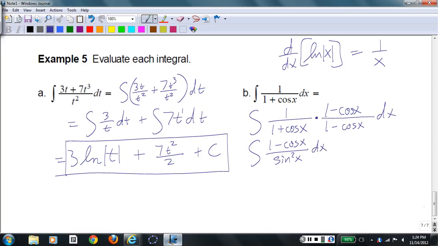Let's see if there's hope for taking this and writing it as the difference of 2 separate fractions. The integral of 1 over sine squared x minus cosine x over sine squared x dx.